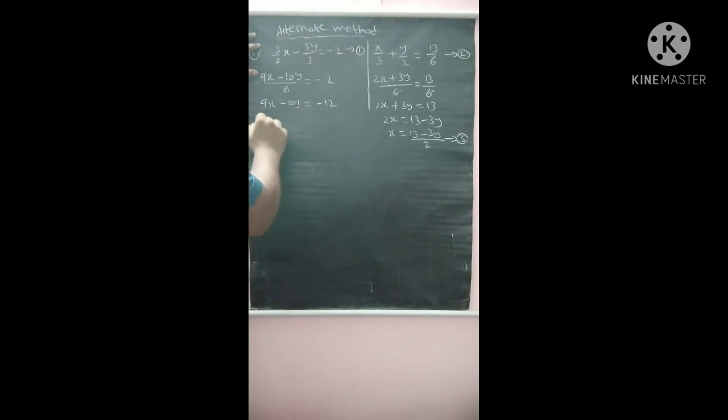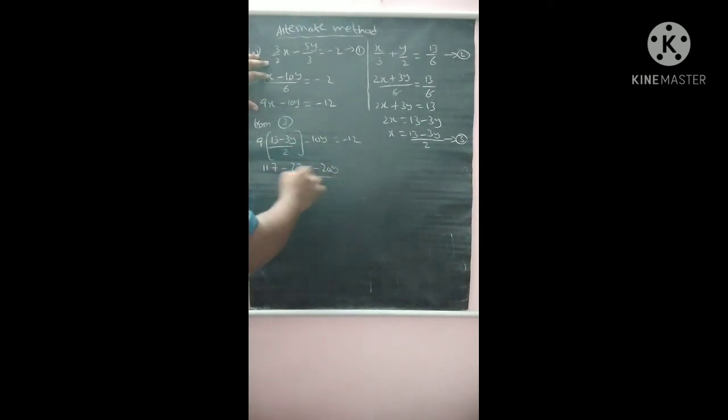So now from 3, 9 into 13 minus 3y by 2 minus 10y equals to minus 12. So this is 117 minus 27y minus 20y by 2 equals to minus 12. 117 minus 47y equals to minus 24.